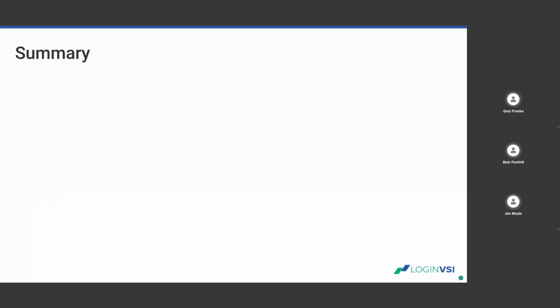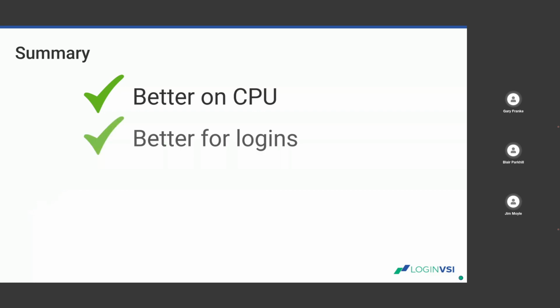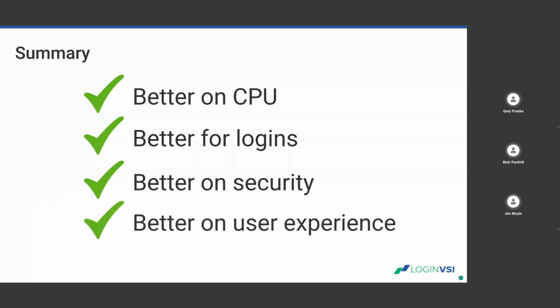From a summary perspective, I think, as Jim mentioned, it's better on CPU. That's great. That's a huge one when it comes to bottlenecks and improving performance. It's better on logins. It's better on security. It's better on user experience. So really across the board. Typically in my experience, when you're going from one Windows version to another, you might see a performance hit or a change in user experience.